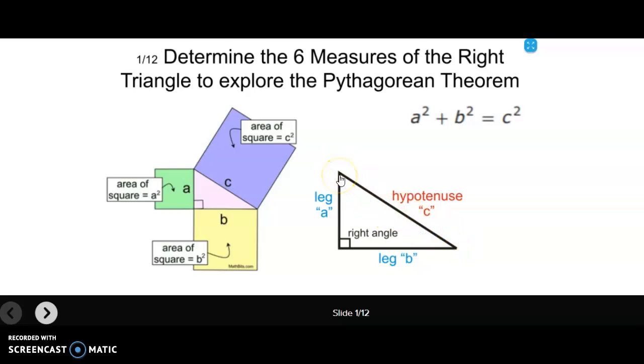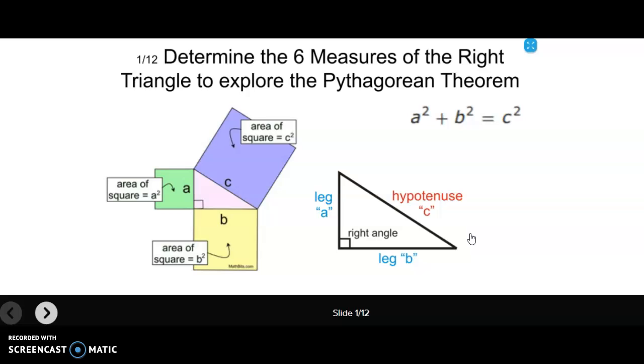If you notice on the screen, they're labeled for you. The short side is A, the long leg is B, and the diagonal, or the one that's crossing, is C. That's your hypotenuse. Your goal for today is to identify those sides.